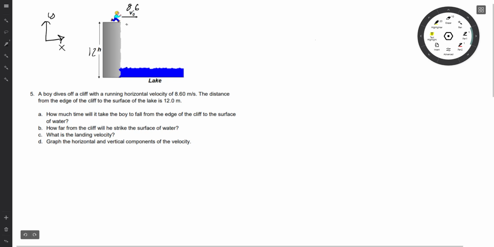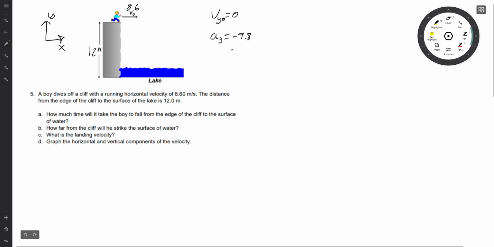So after the boy leaves, he's going to have a downwards velocity, Vy0 of 0. We know that after he jumps off, he's going to have a downwards acceleration, ay, and the acceleration is the same all the way through, of negative 9.8 meters per second squared. That's because the acceleration is pointing downwards, counter to the positive y direction.